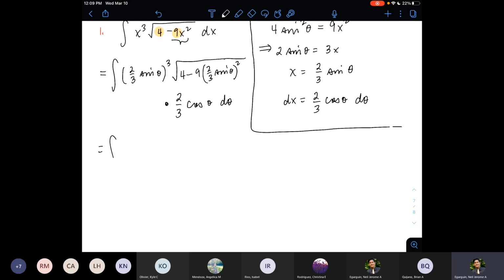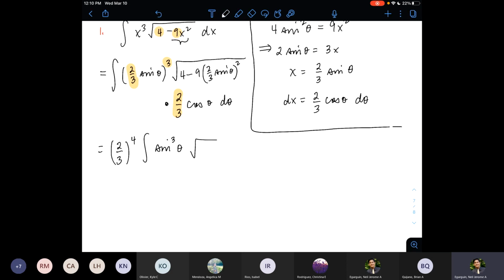But essentially, what is this? I see that I have a 2/3 to the third power there. I have another 2/3 in the dx part. So I can put them out of the integral and write them as 2/3 to the fourth power times the integral of sine cubed theta.